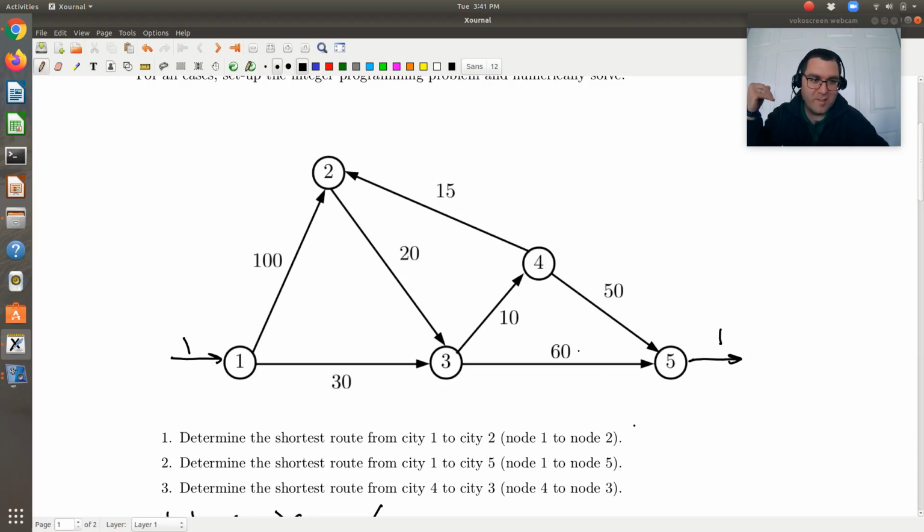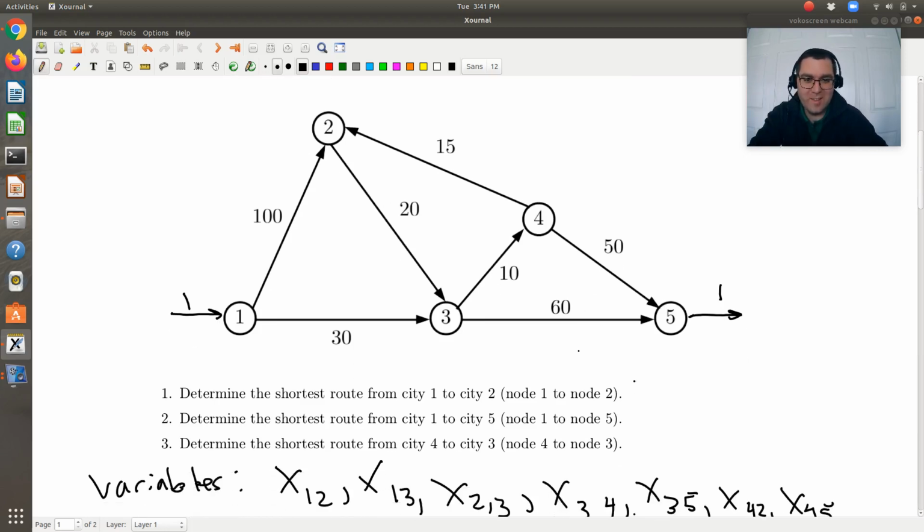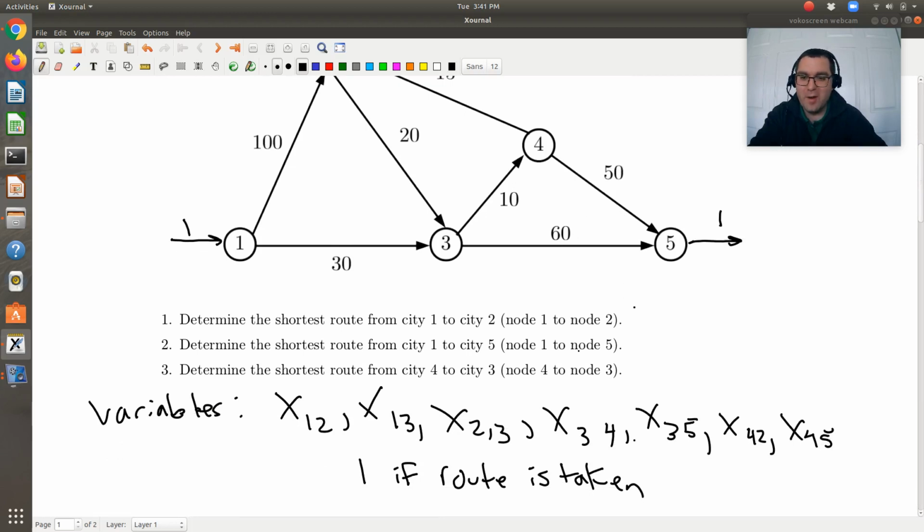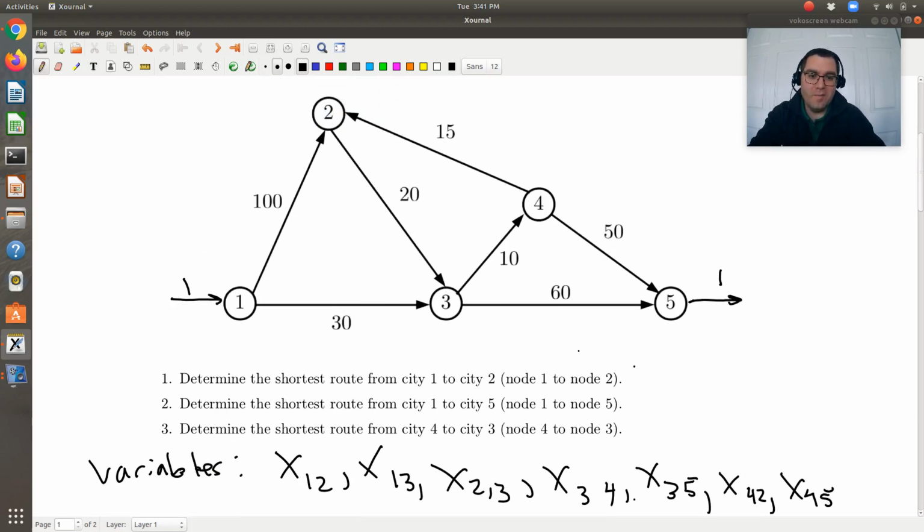At least here it looks like I have more options in terms of getting from 1 to 5. Again, we could just iterate over all possibilities, calculate that distance, and select the shortest route. But what we're trying to do here is generalize the problem as an integer programming problem, so that no matter how complicated the problem could become, we could solve it just the same.